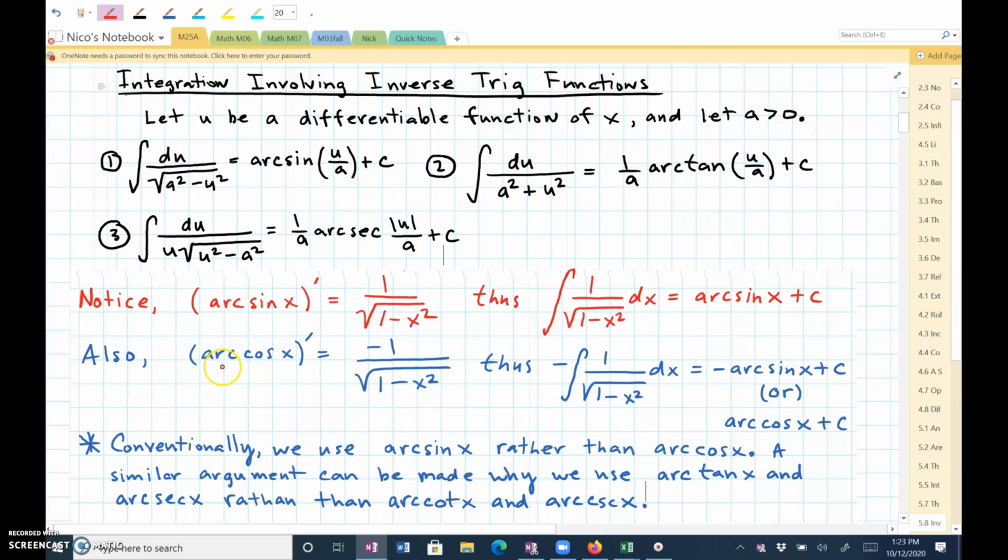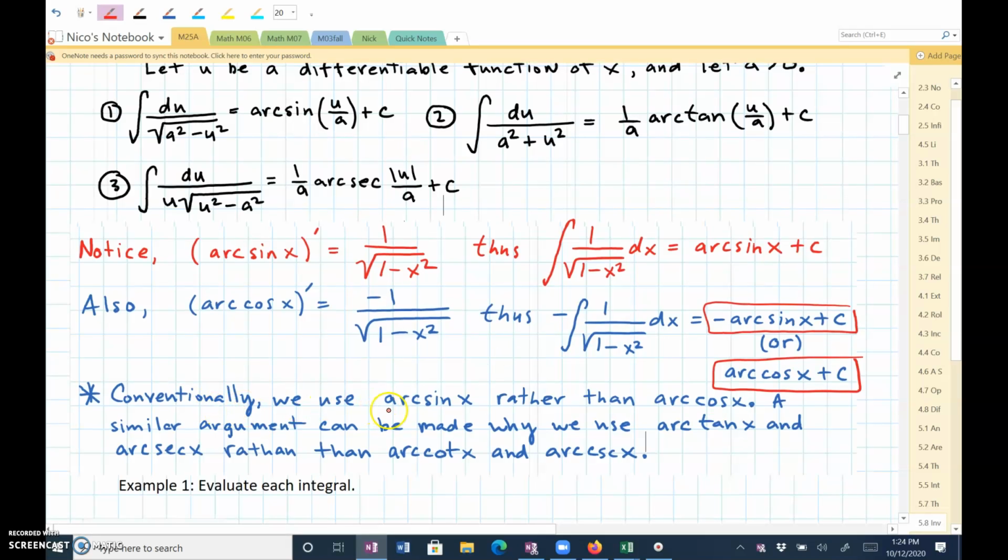Also notice that the derivative of arc cosine of x is negative 1 all over the square root of 1 minus x squared. Thus, negative the integral of 1 over the square root of 1 minus x squared dx is equal to either negative arc sine x plus c or arc cosine of x. Okay? Conventionally, we use arc sine rather than arc cosine.